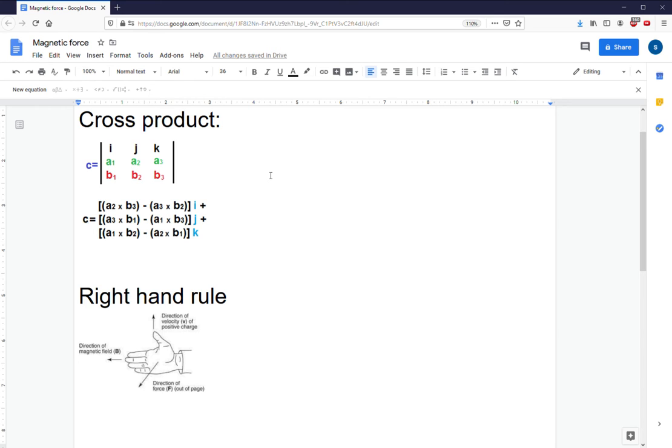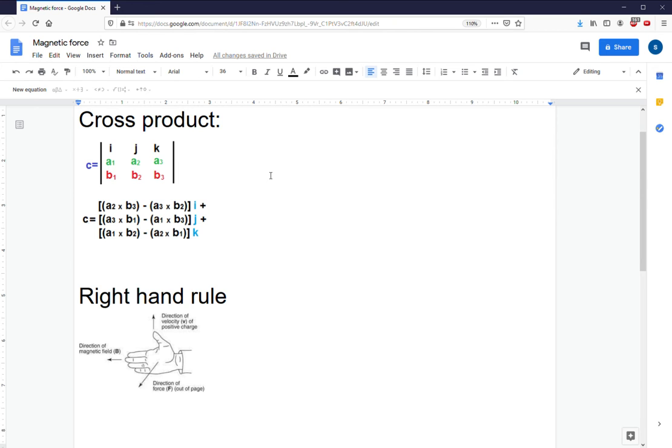Since the force is always perpendicular to velocity, absent any other forces, a charged particle in a magnetic field will move in a circle, with the magnetic force providing the centripetal force of the circle. Now we can get more complicated.